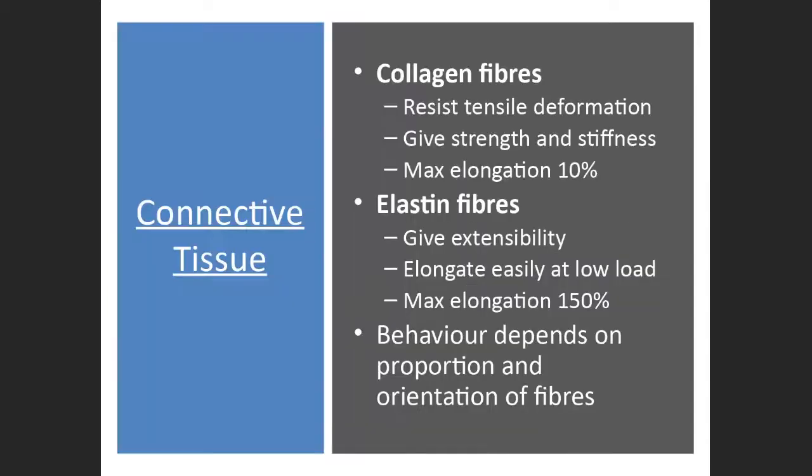So when we're talking about tissue, we're going to talk about two things, the collagen fibers and the elastin fibers. Collagen fibers are highly resistant to deformation, and they give strength and stiffness. They don't have a huge amount of elongation.